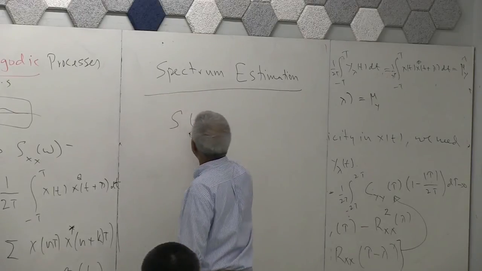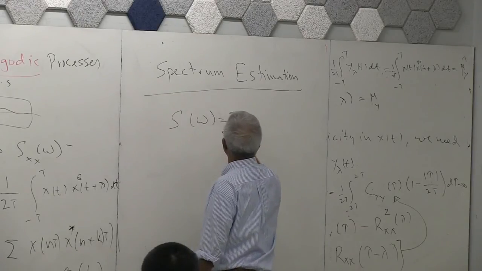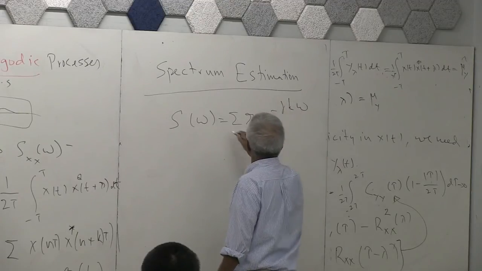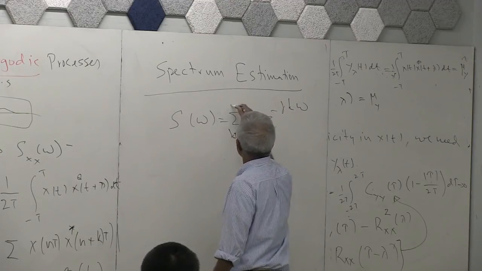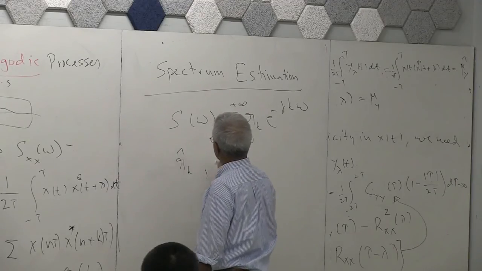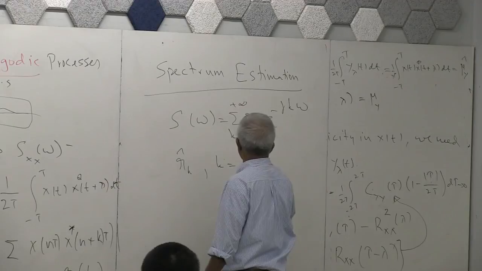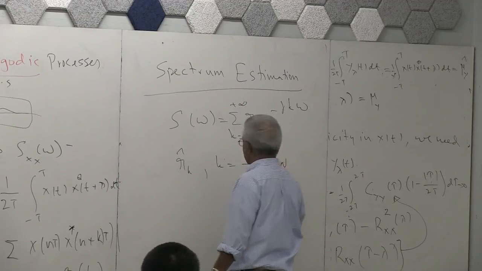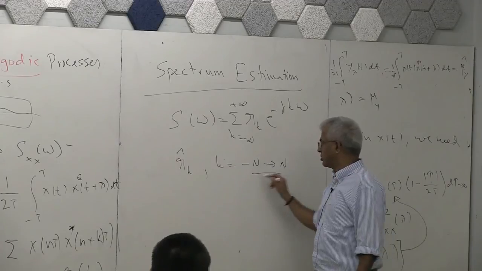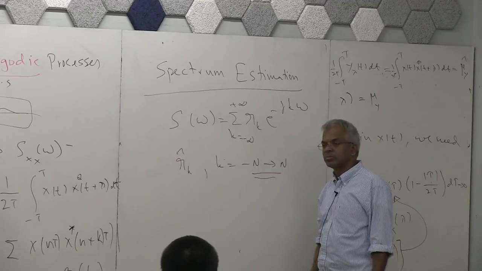So we know the spectrum is, of course, sigma Rk. Generally you can estimate some of the Rk's, but you're only going to estimate a finite number of them, right?